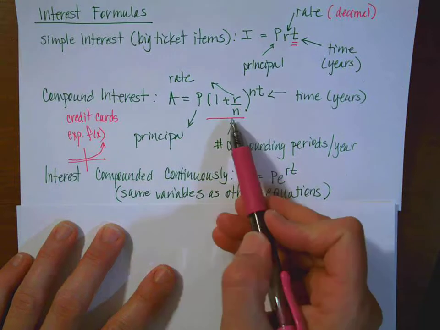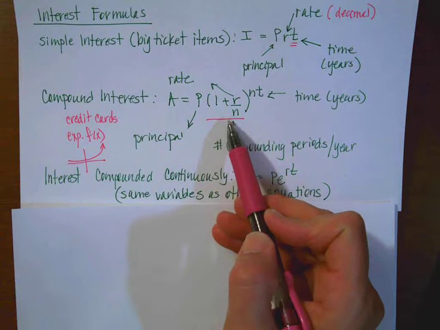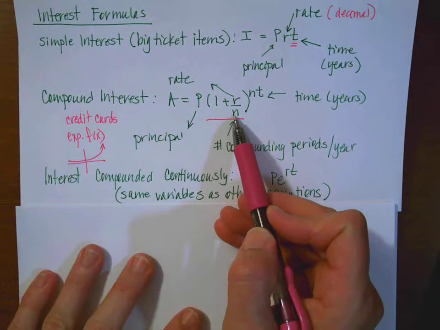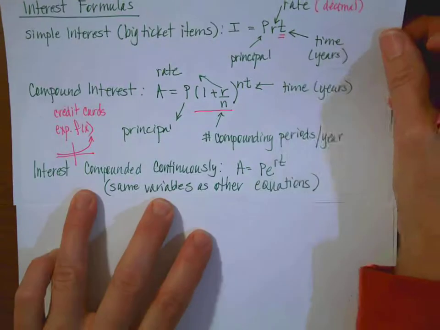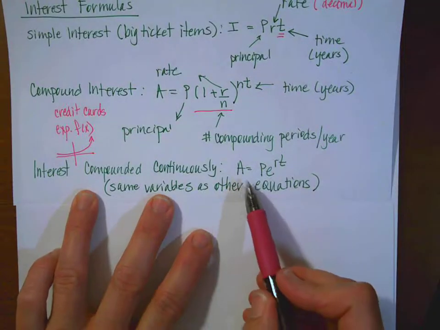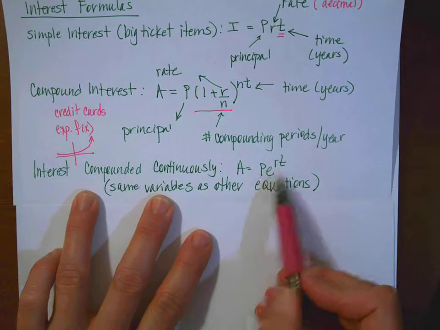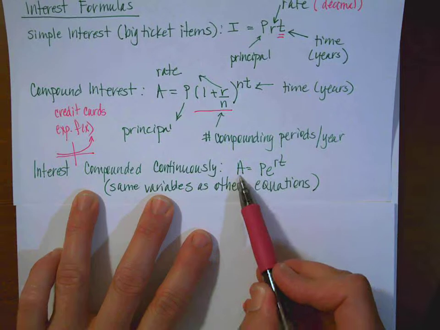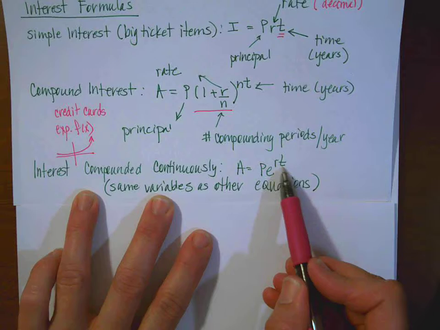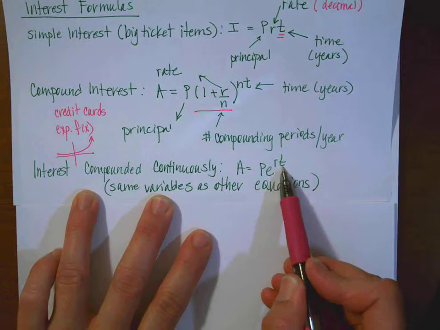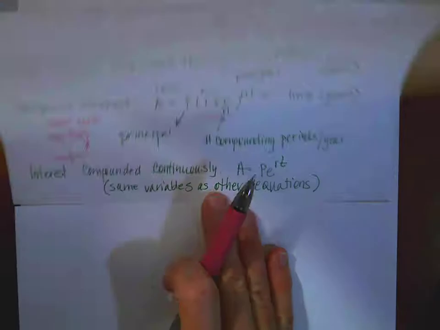All right, interest compounded continuously as my compounding periods get tighter and tighter and tighter. For example, going from months to days, maybe to minutes, that would be serious extortion. Then my interest formula that's compounded continuously is A is equal to P e raised to the rt. P is still principal, A is still the amount in the bank, R is your rate in decimal form, T is time, and time always represents years when we're talking about money.